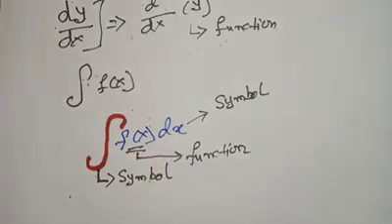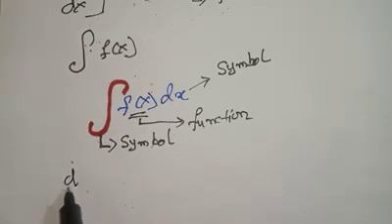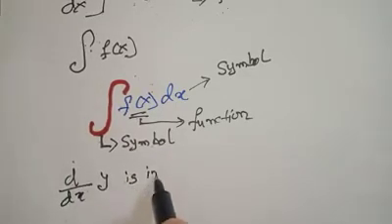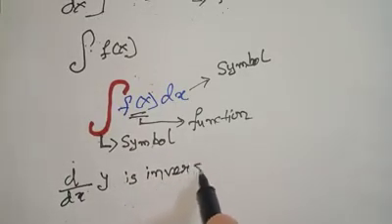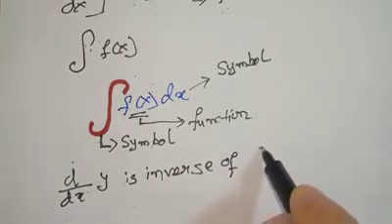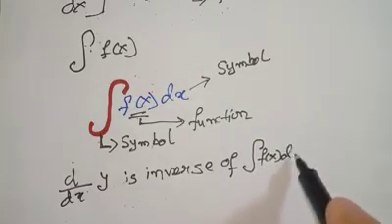Now differentiation is actually an inverse of integration. That means I can write it, for example, let me put it in this way. If I write d by dx and I write y over here, it is the inverse of integration f of x dx, right?